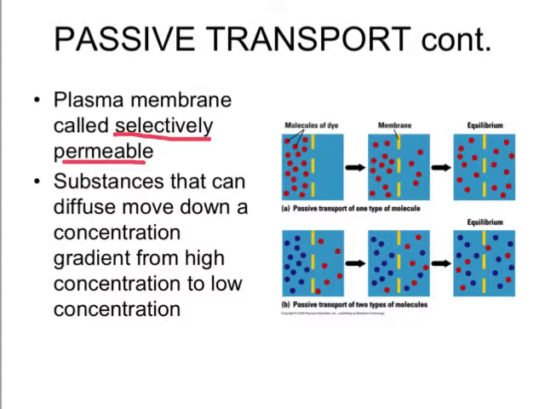Remember, diffusion always goes, like I had said before, from high concentration to low concentration. So if you have a lot of salt water on the outside of a cell versus the inside of the cell, that salt is going to diffuse into the cell, not out of the cell. It's because it always goes from high concentration to low concentration.